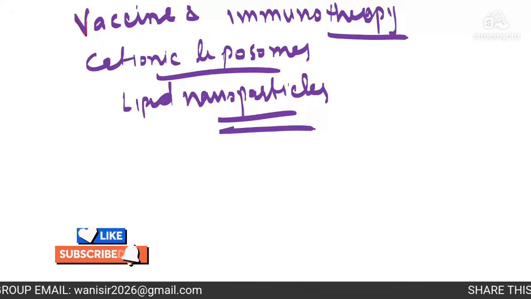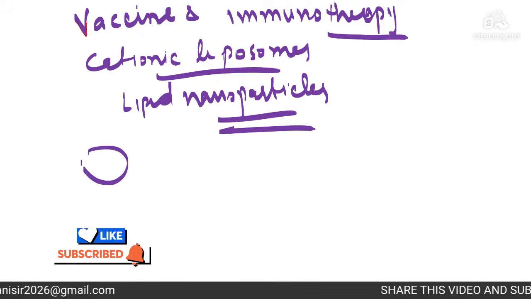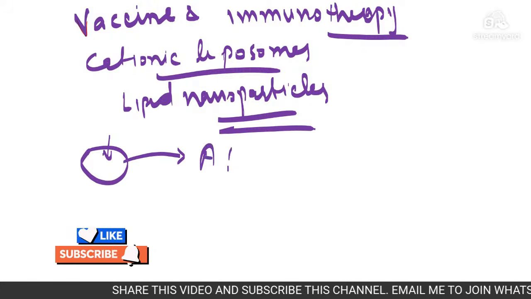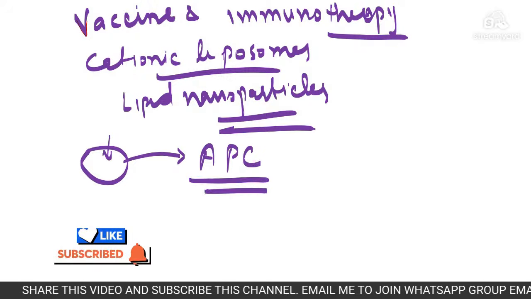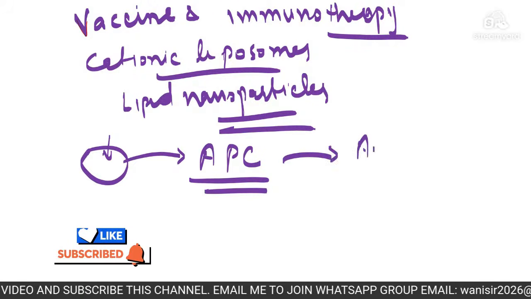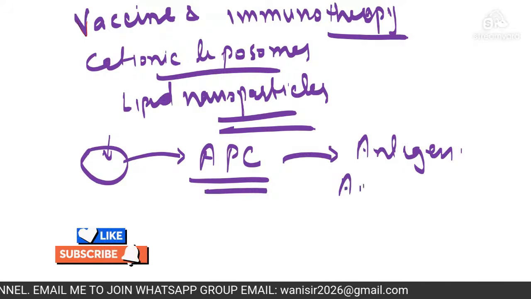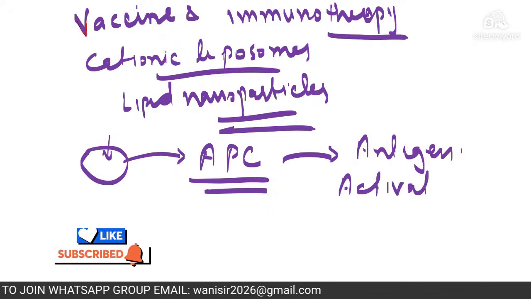When they are injected inside the cells or in the human blood, these complexes are taken up by antigen presenting cells which express the antigen and activate the T cell.